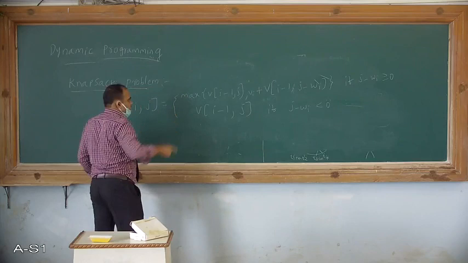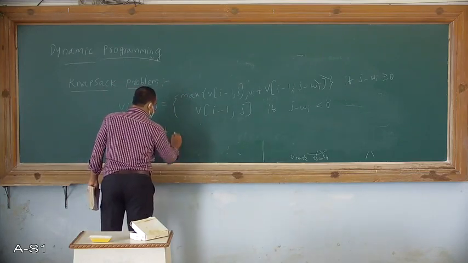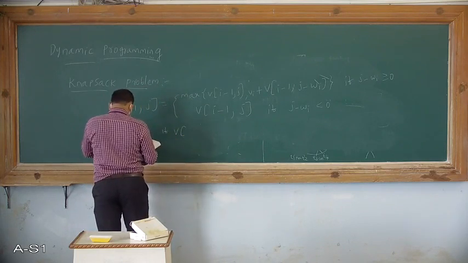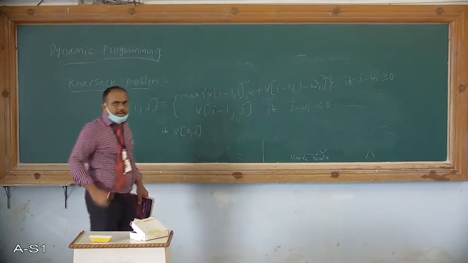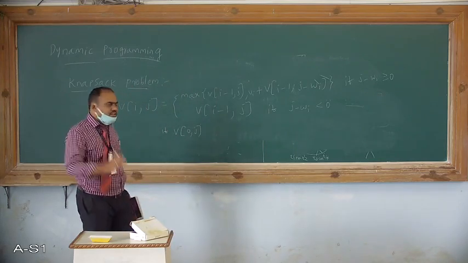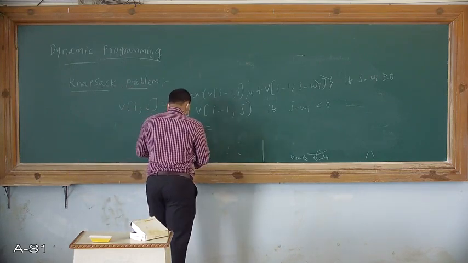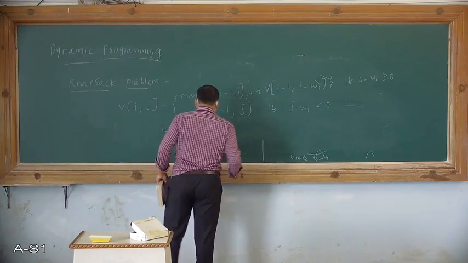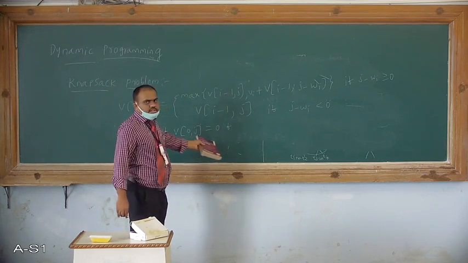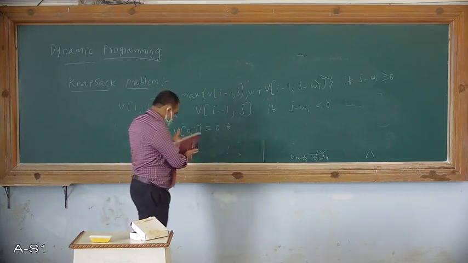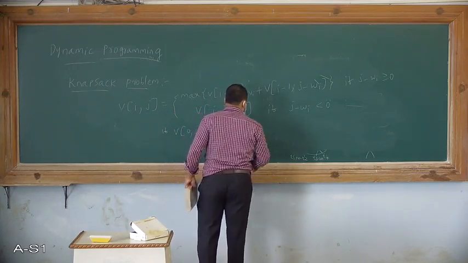So next, these things are for j minus wi. And again two more formulas. V of 0 comma j: it means that among the i and j values, if any one is 0, in that case what is the formula? It is equal to 0. So if the i value is 0, then whatever may be the j value, it will be 0, for j greater than or equal to 0.